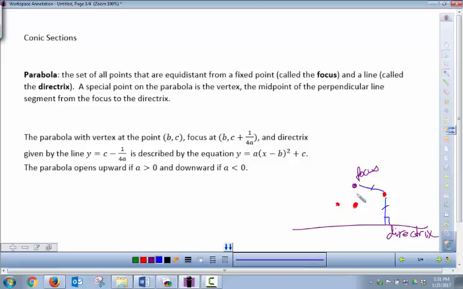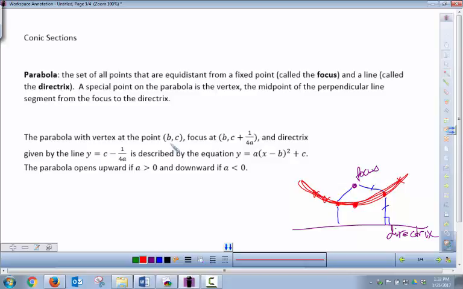So if we plot every single one of those infinite points, what you will get eventually is a shape that looks like a parabola. Every single point on this graph has the property where you have the same distance from the focus as you do from the directrix. Okay? So that's our definition.